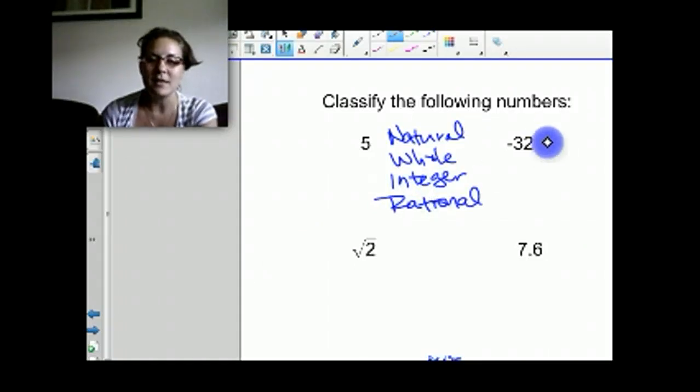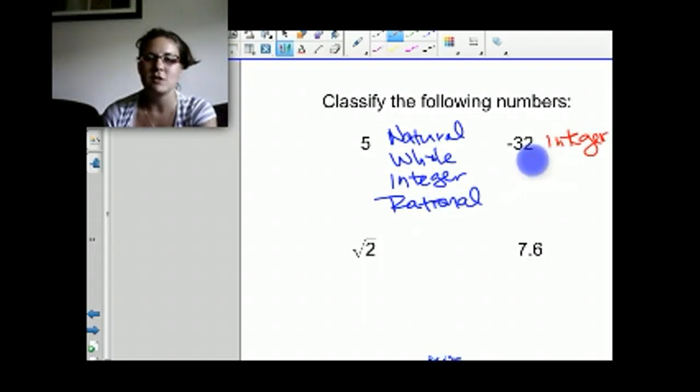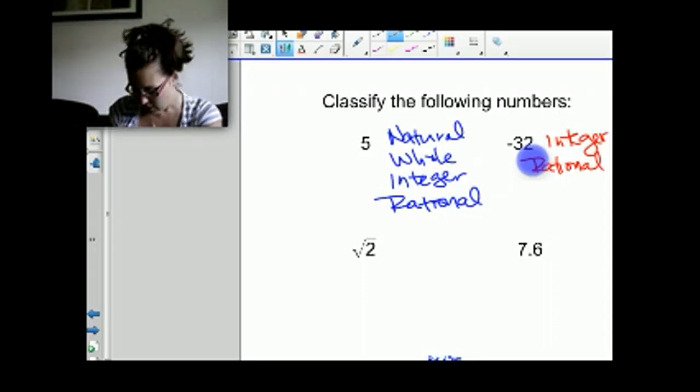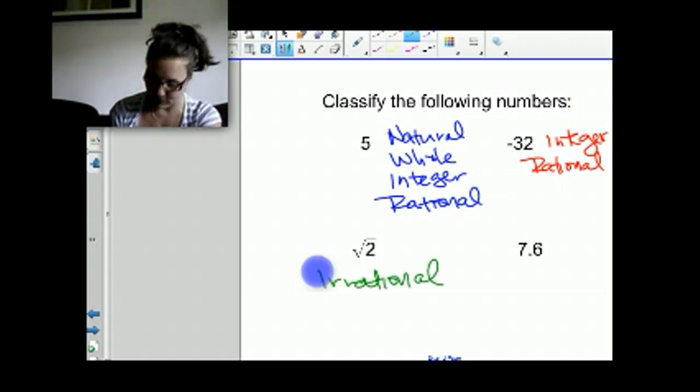Negative 32 is an integer. It's not natural or whole because it's negative. So it's an integer and it's a rational number. The square root of 2 is an irrational number.